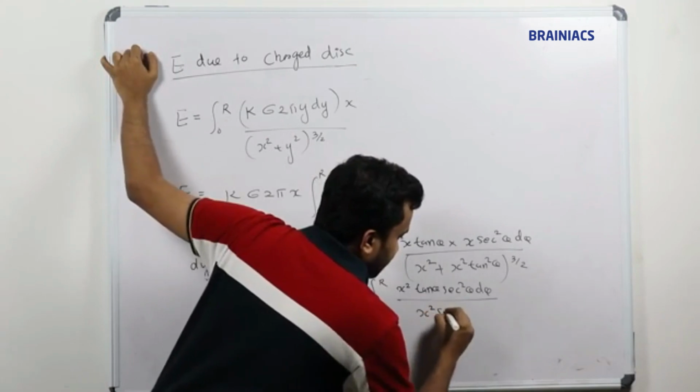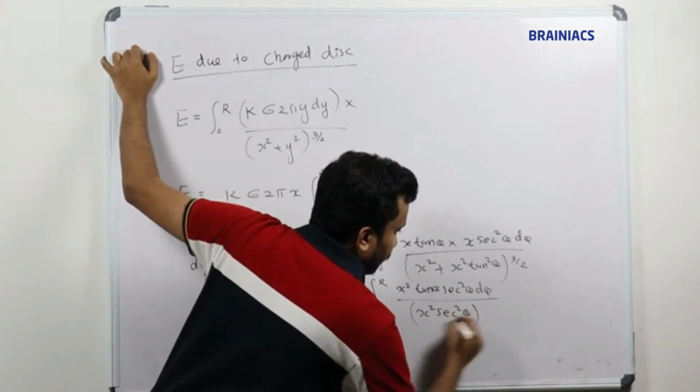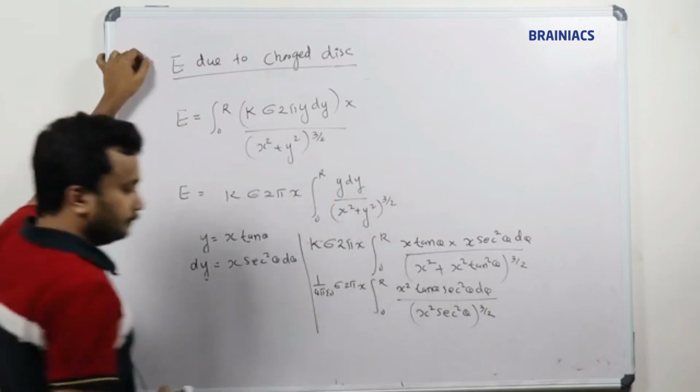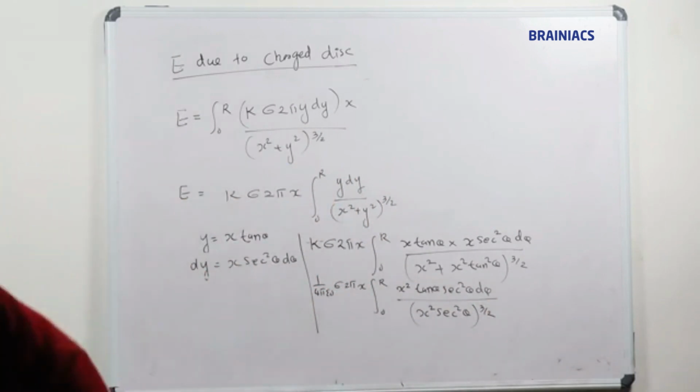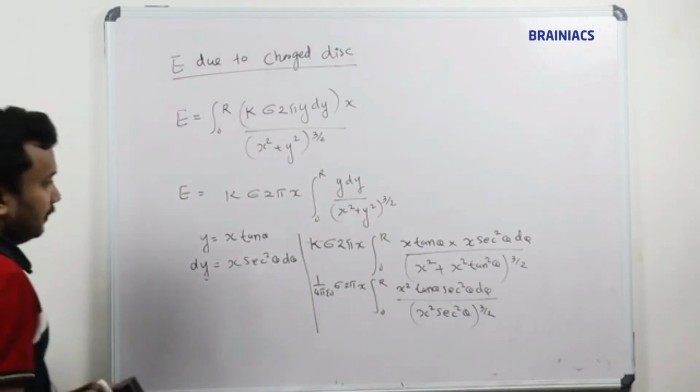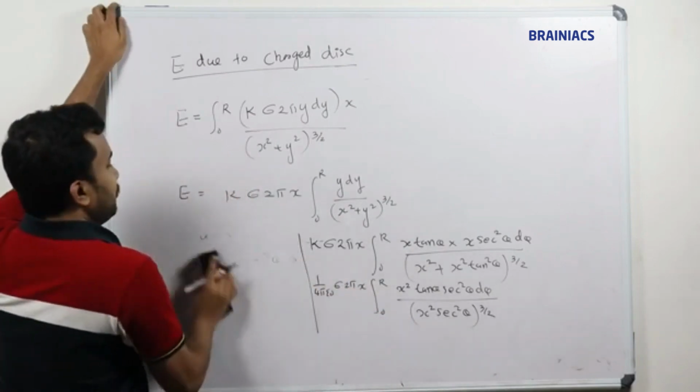So it becomes x square sec square theta whole power 3 by 2. We'll continue this part and do some rearrangements.